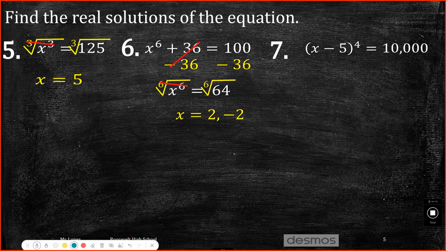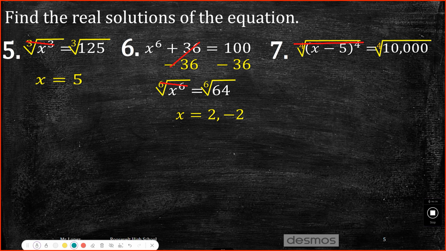Seven. What is step number 1 for number 7? Fourth rooted. Fourth rooted is correct. X minus 5 is going to equal 2.